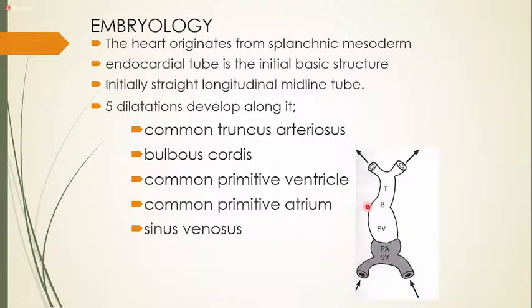So you're going to look at which structures then develop from the truncus arteriosus, which ones come from the bulbus cordis, and the other structures.